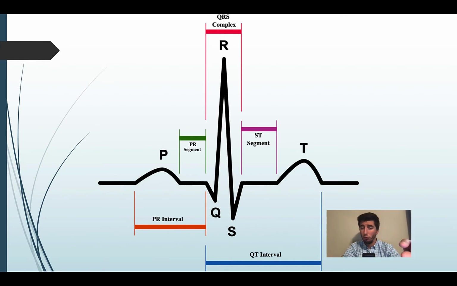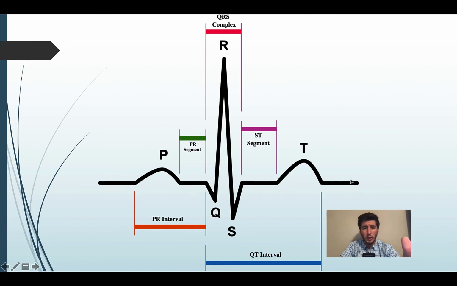So what does that cool concept actually look like in practice, right? If you look at this graph, this chart, you'll see that we have a P wave right here, a QRS wave, and then a T wave.